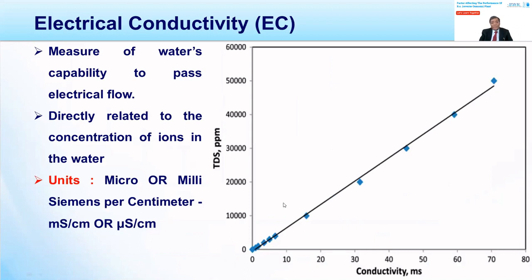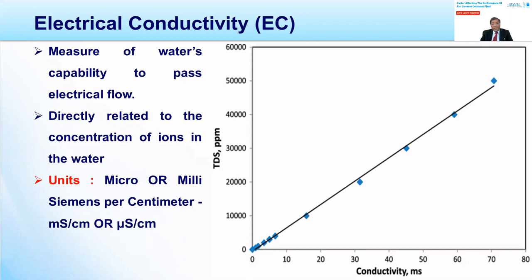And this is the relation between TDS and conductivity. Normally, measuring TDS requires some time, maybe a few hours, because by the evaporation method at 450 degrees C, we evaporate in the lab and take the results. The instant measurement is through conductivity.